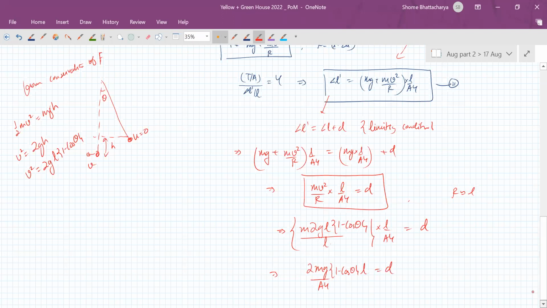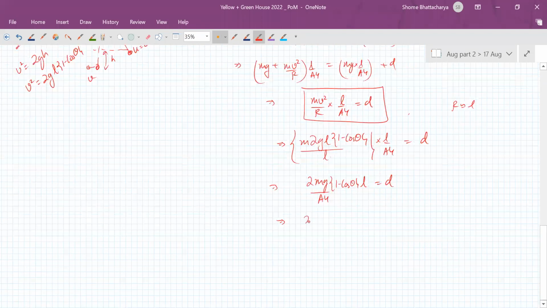Now we'll start substituting the values. Okay. So 2 times the weight of the object, which is given to us as 20 kg. So I'll take the weight as 200 newtons divided by the area. So for that, diameter is given to us as 1 millimeter. So the area will become pi into 0.5 millimeters, so that's this much square.